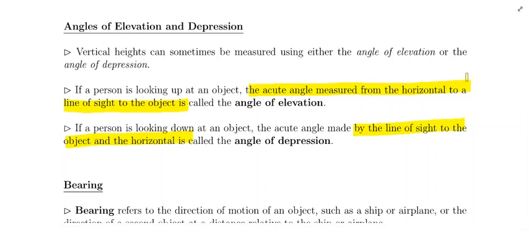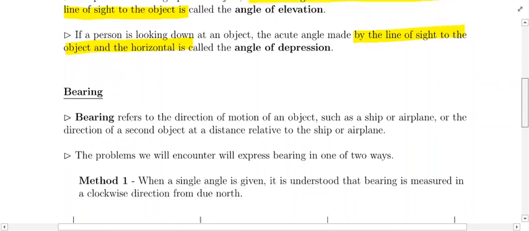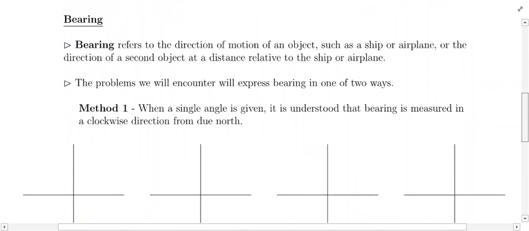All right, one more thing we'll talk about before we jump into these word problems is bearing. A lot of these word problems are going to be like an airplane flying on some bearing, or a ship is sailing and it has this bearing. Bearing is a term that you will encounter in navigation.